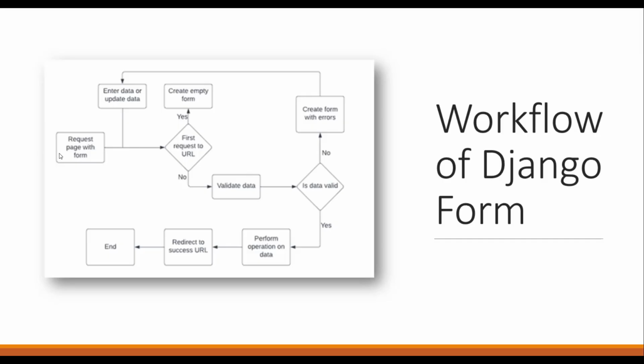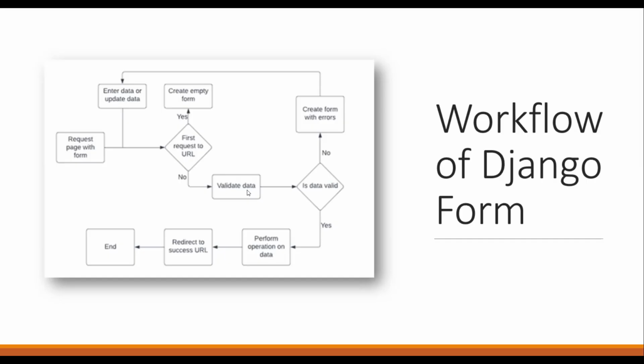So here you can see that I request a page with the form. Then if it is the first request to the URL, it creates an empty form. At this point, the form is referred to as unbounded because it is not connected to any user-entered information.